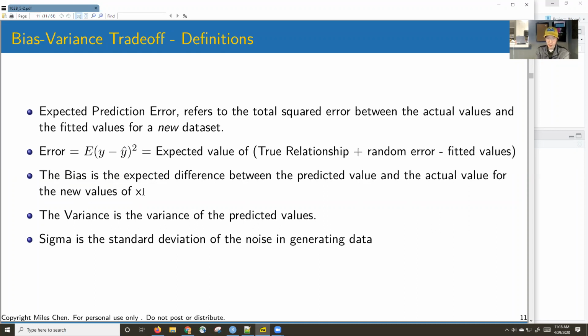If the average of your predicted values is equal to the actual value, then you have no bias. But if the average of your predicted values is different from the actual value, then you have bias. The variance is the variance of the predicted values, and sigma is the standard deviation, or the noise in the generating data.